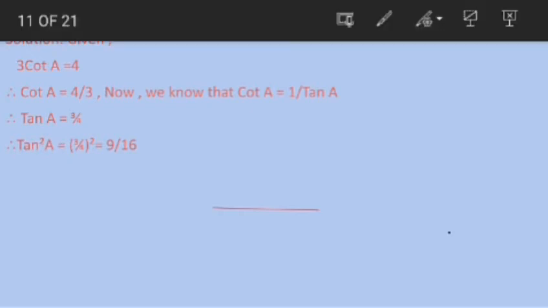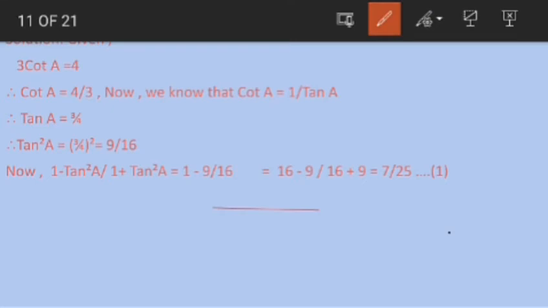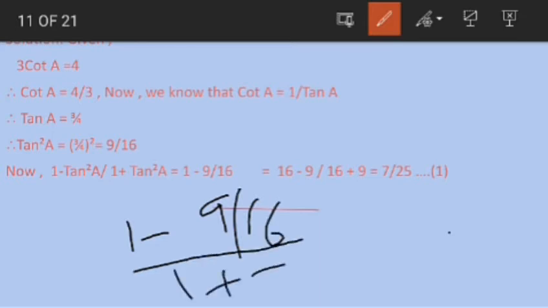Now moving further, substituting the value in the given expression, 1 minus tan square A upon 1 plus tan square A, it is going to be 1 minus 9 by 16 upon 1 plus 9 by 16, like in the previous question you have done.